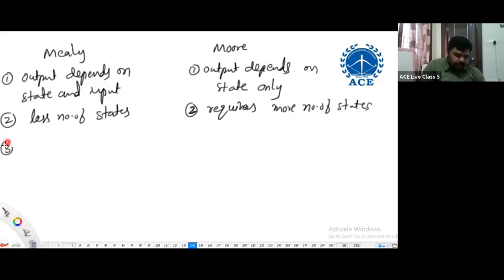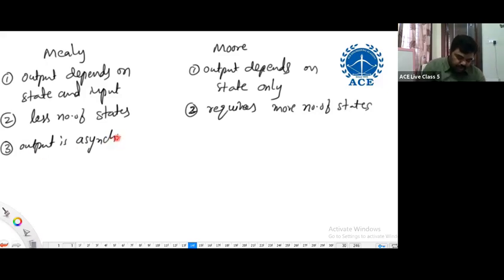Whatever changes there are on inputs can change the output directly, immediately, in Mealy systems. So output is asynchronous to input. It is not responding to the input synchronously; output depends on input X directly, and whatever changes there are in X affect the output.